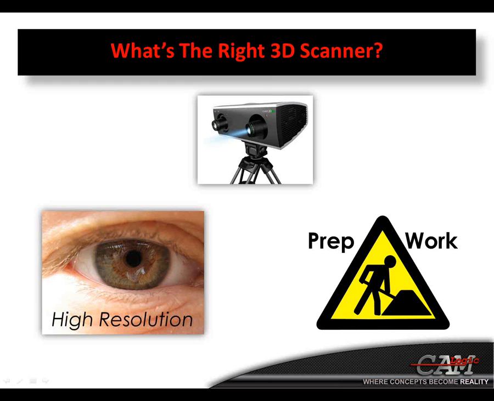Some of the new structured light scanners that are coming out are actually using blue light as opposed to white light. That will reduce the requirements for specific ambient lighting, but again, they are still more susceptible to that than the laser scanners.